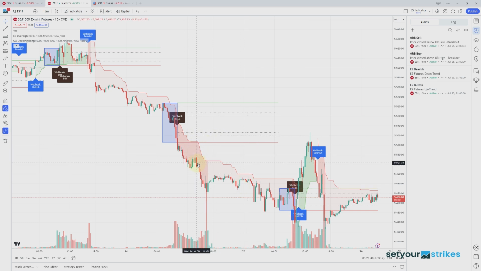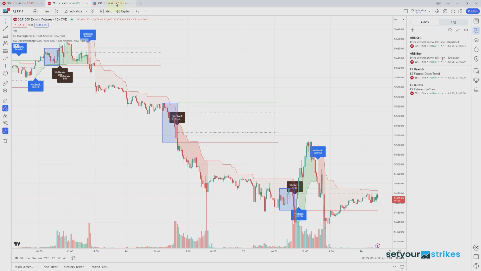Every candle, the open, high, low, close is captured. We've got our range lines for our opening breakout range, the high, low, and midpoints, and the upper range of my trend indicator. Those lines are plotted. Volume information, everything on this chart is going to come through in that file.